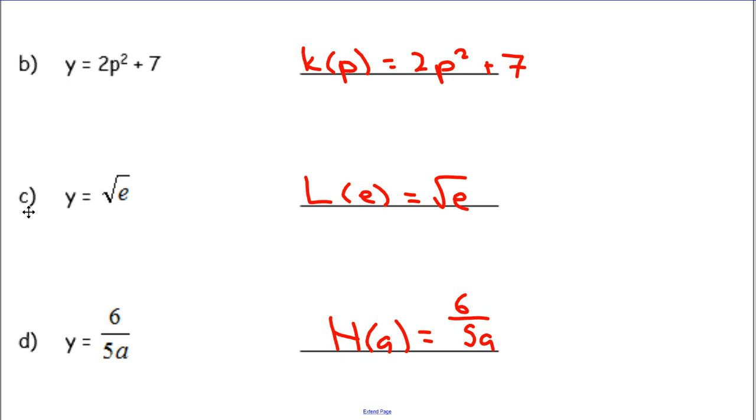So you can have the same letter, but you couldn't have the exact same letter in the exact same case, like capital T of capital T or lowercase a of lowercase a, because a variable with respect to itself doesn't form a coordinate plane anymore. A coordinate plane is based on two different variables, x and y. Sometimes the letter I is used, but sometimes it gets mistaken for a number 1.